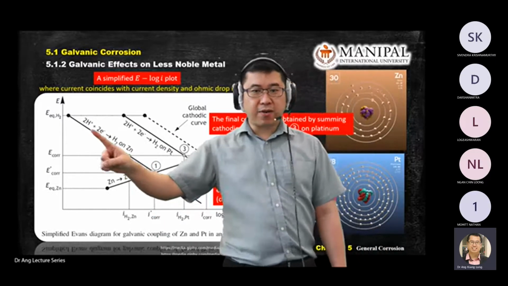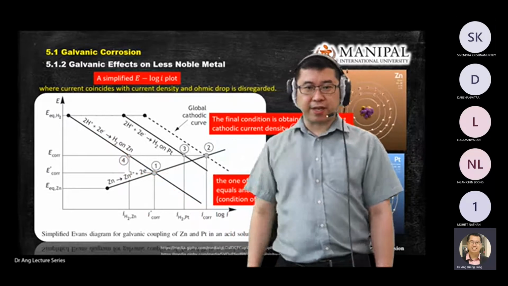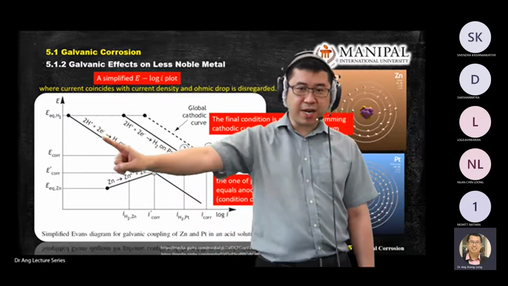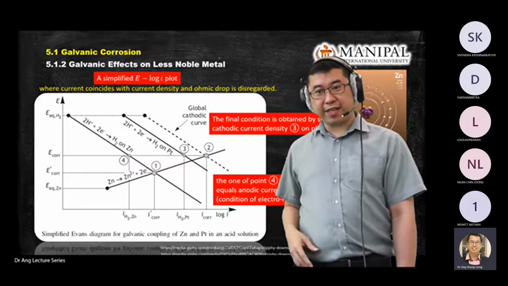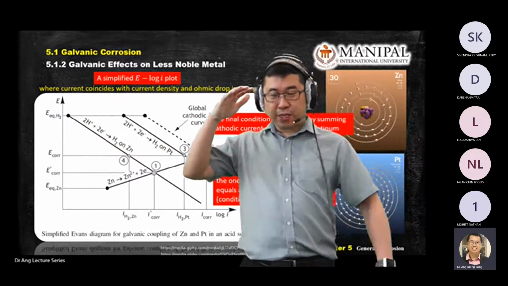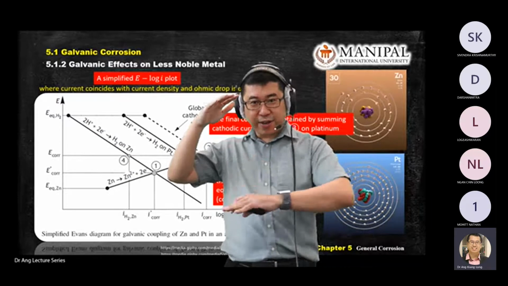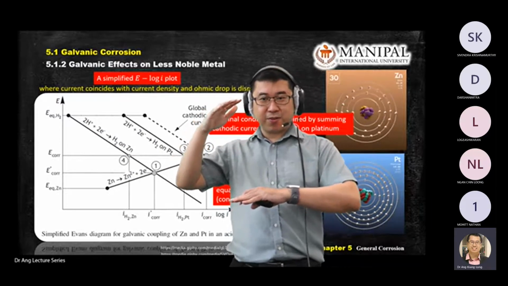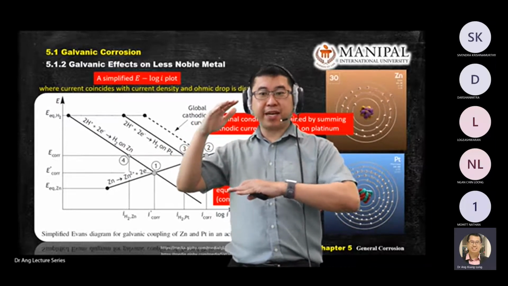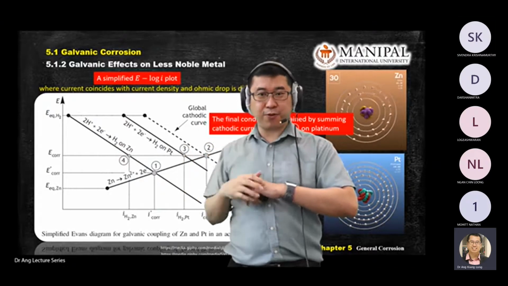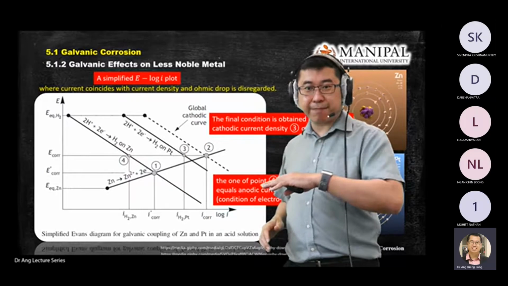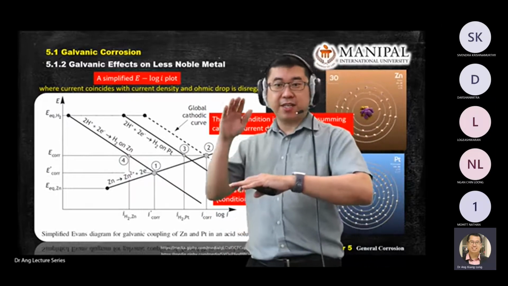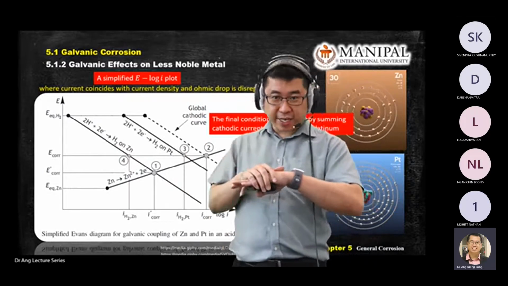Okay, why is there suddenly one line over here? You still remember just now we assumed at the anode, how many processes happen at the anode? We assumed earlier, before we started the discussion, that two processes happen simultaneously at the anode, a cathodic and an anodic process.